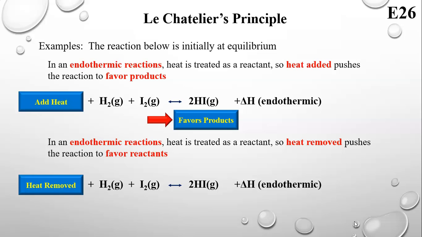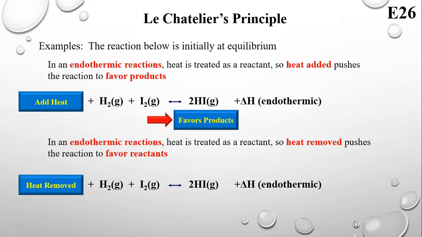In endothermic reactions, heat is treated as a reactant, so heat removed pushes the reaction in favor of reactants. Think about that one a little bit. That might not be quite as obvious. You need heat to make the reaction go. That means putting heat in will cause it to go from left over to the right.